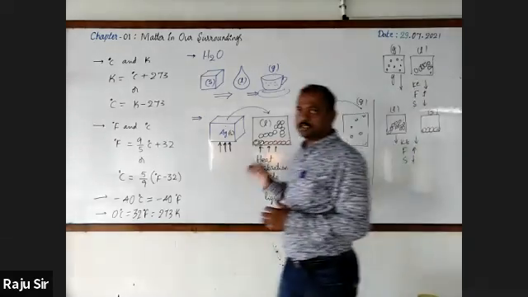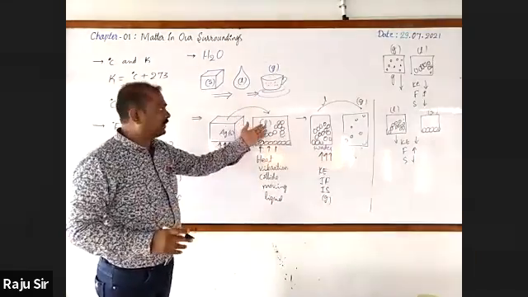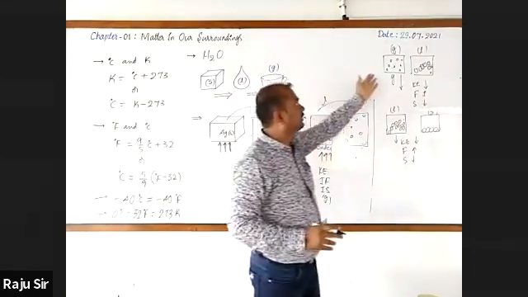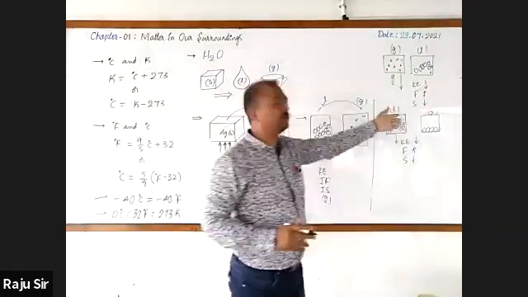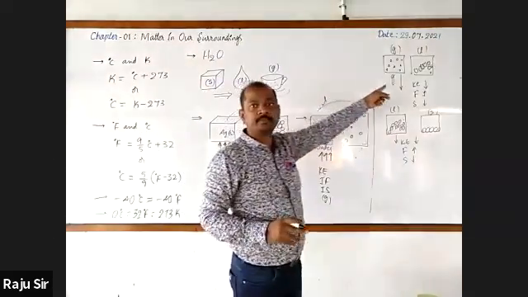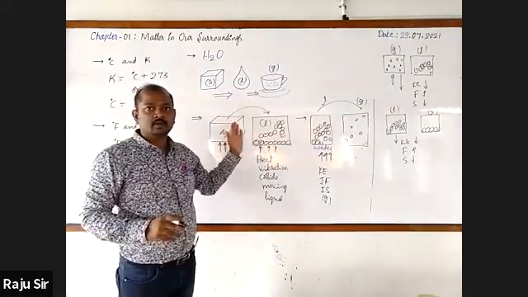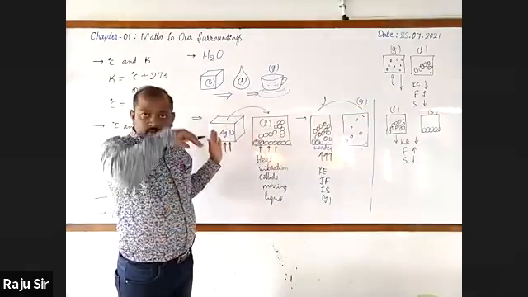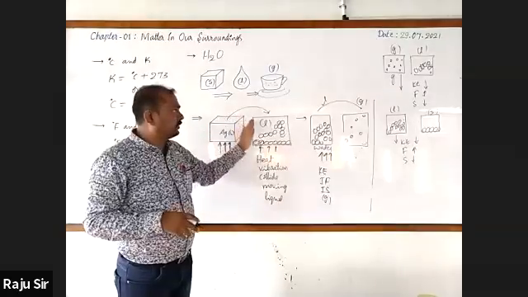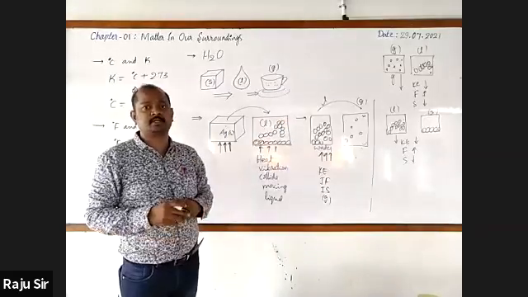So in all these conversions, solid to liquid, liquid to gas, gas to liquid or liquid to solid, which physical quantity is responsible? Temperature. To convert solid into liquid or liquid into gas, should we increase or decrease the temperature?